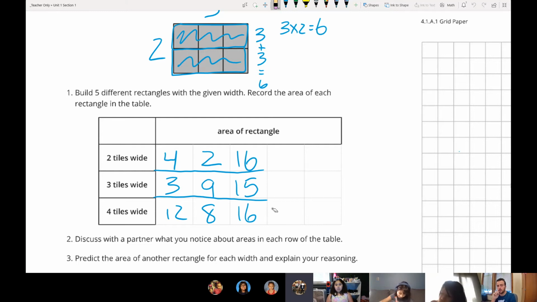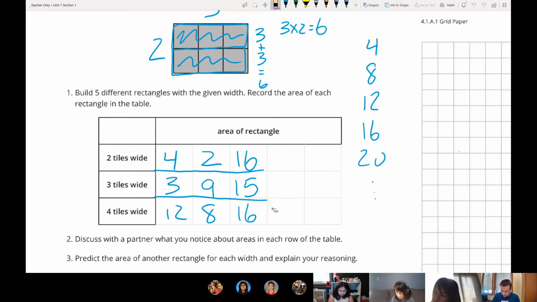I want to explain one thing real fast. You guys know how to skip count, right? Yes. Okay, so if I was to skip count by fours, I would go 4, 8, 12, 16, 20, on and on and on, right?